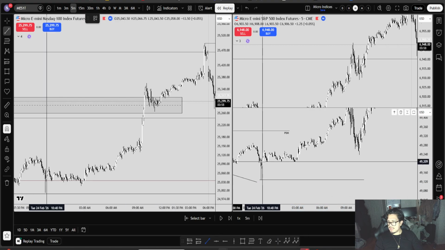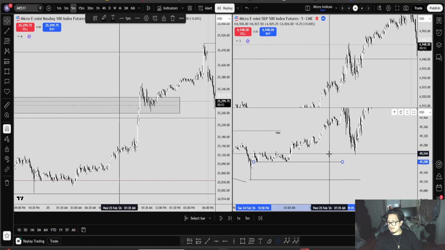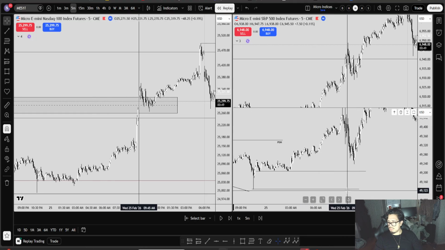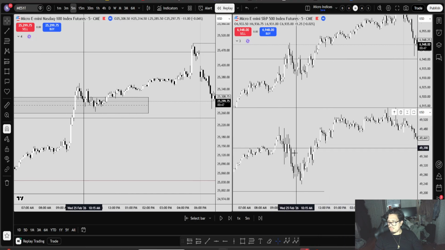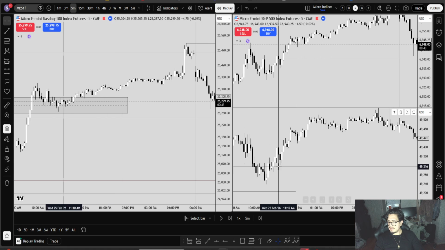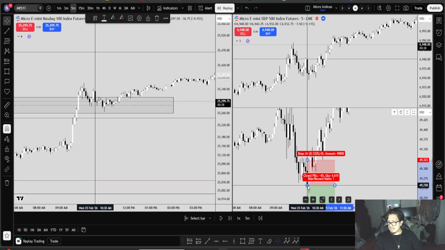We also had some nice failure swings, right? Equal low, right here. So I was anticipating that for YM to retrace deeper before continuing higher, but you can clearly see how that failed immediately right after. So that trade idea was invalidated due to that.